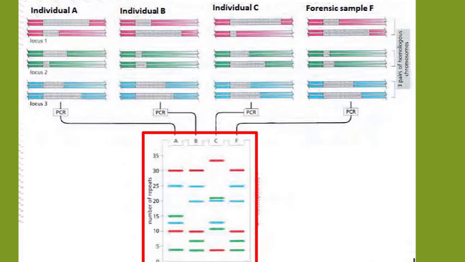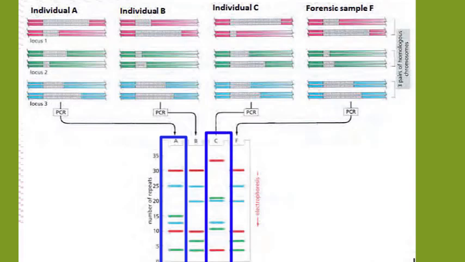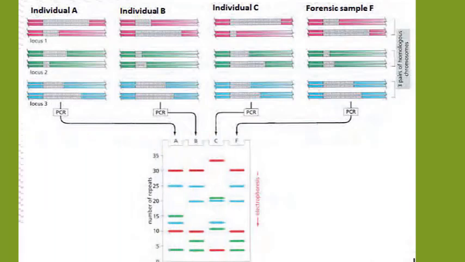As we can see from the DNA pattern, individual A and individual C have different patterns compared with individual F, the victim, who is the reference.